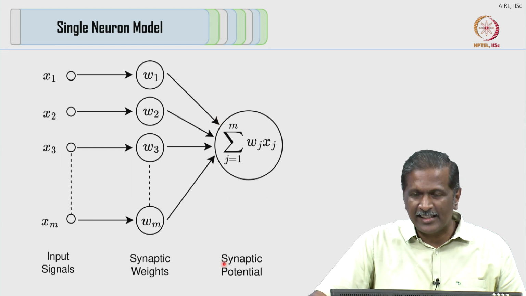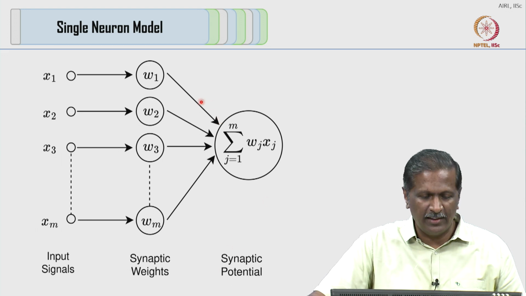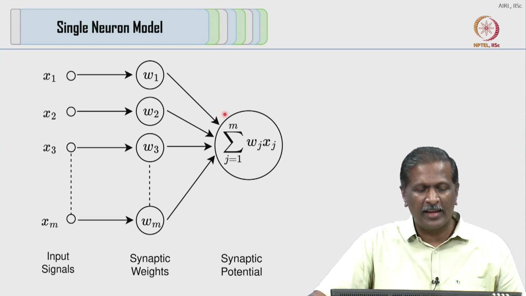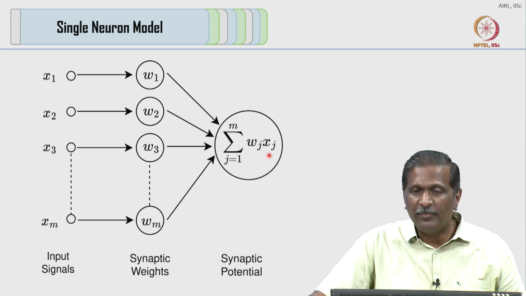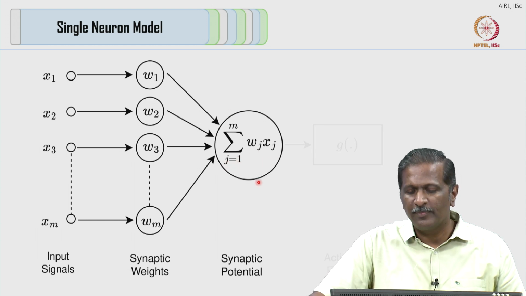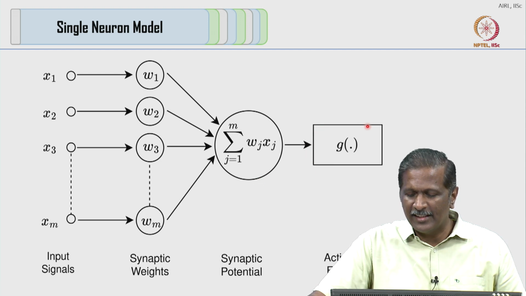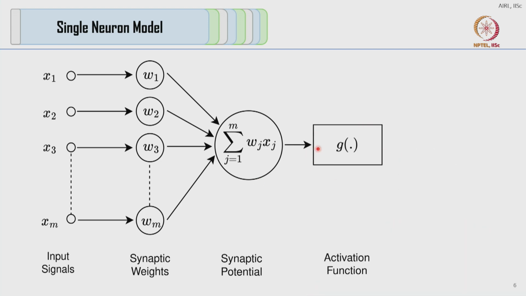Here a synaptic potential has been computed: W1 X1 plus W2 X2 plus Wm Xm, which basically represents a summation, j equal to 1 to m, Wj Xj. This synaptic potential, in the cell body, goes through a nonlinear activation process.